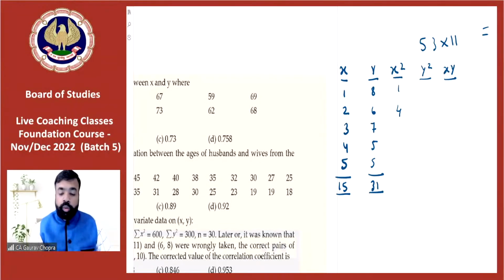So 1, 4, 9, 16, 25. What is the total? 25 and then 20 is 45 and plus 10. How much? 55.